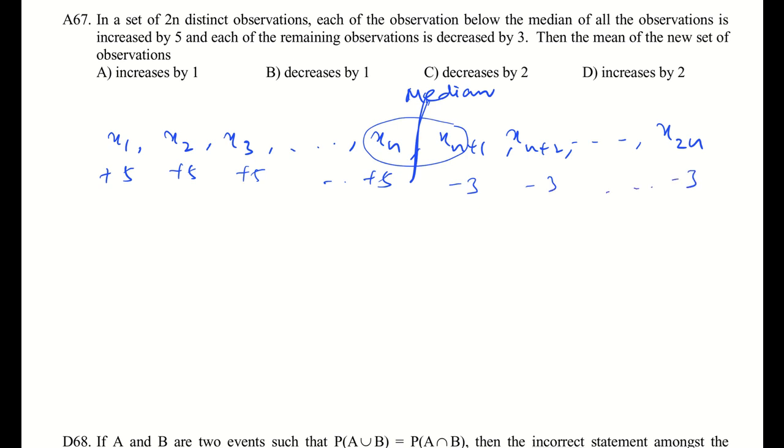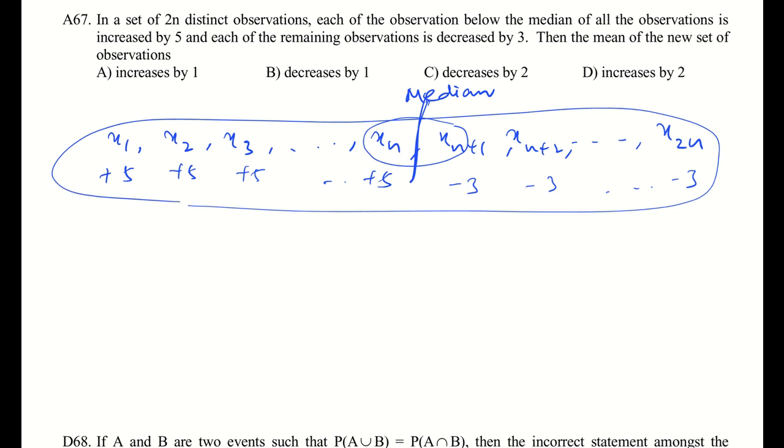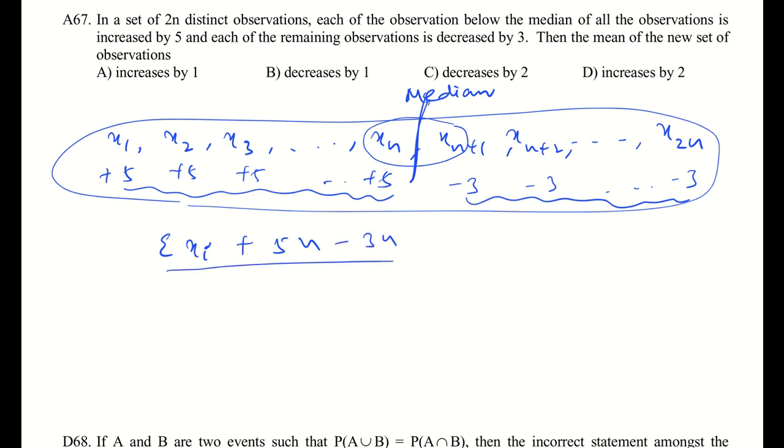So you can see that he is asking for the relation between the new mean and the old mean. So going for the new mean, taking the sum of all these new quantities, I have it as sigma xi plus, you can see that these 5's are n in number and these 3's are n in number, so plus 5n minus 3n, by 2n, which is nothing but sigma xi by 2n plus 2n by 2n.